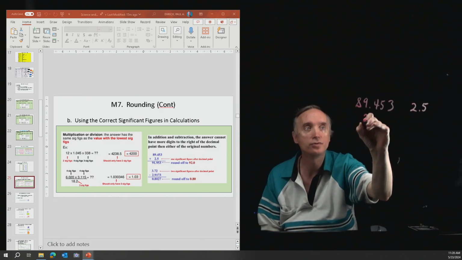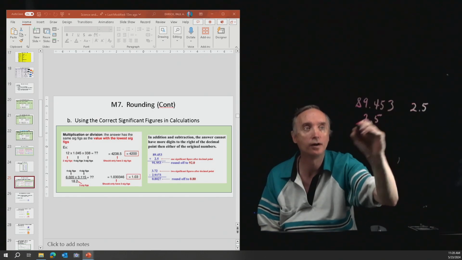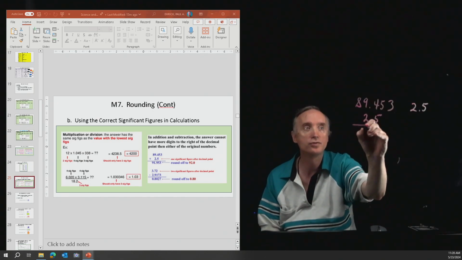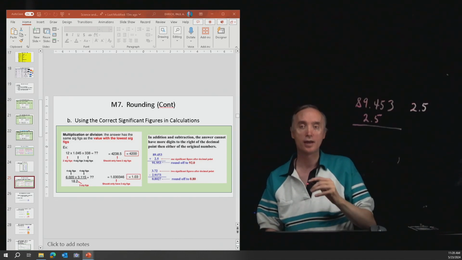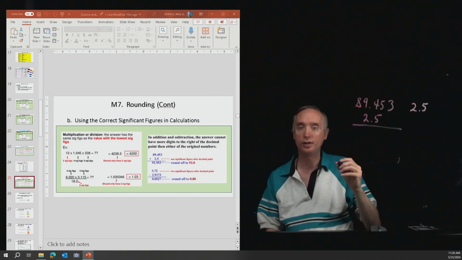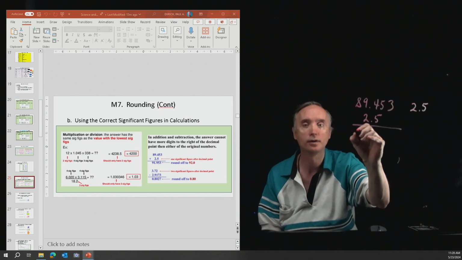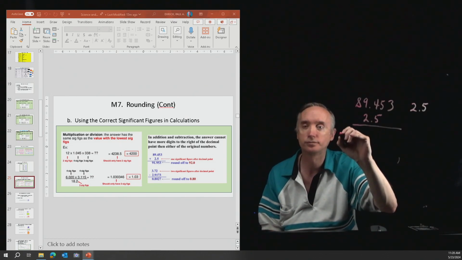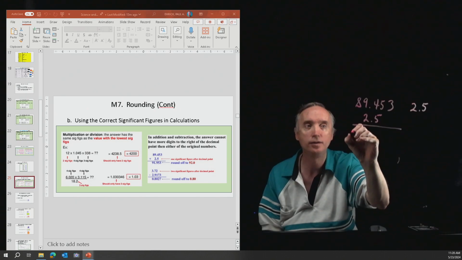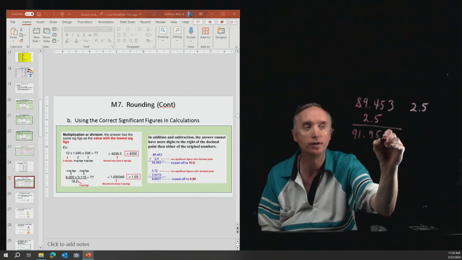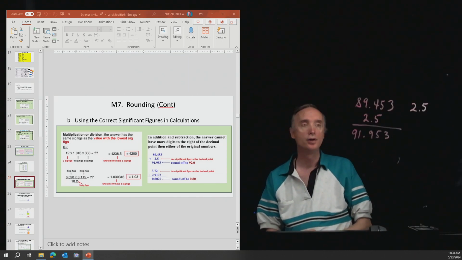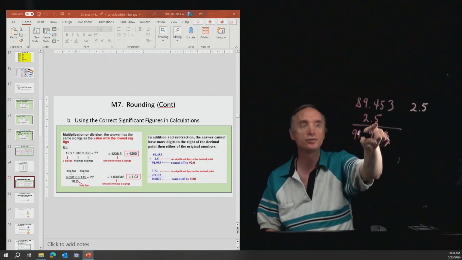So we'll put the 2.5 there, and then we're going to add them together, and when we add them together we end up with 91.953. Okay, and then we need to round it to one decimal place over here.